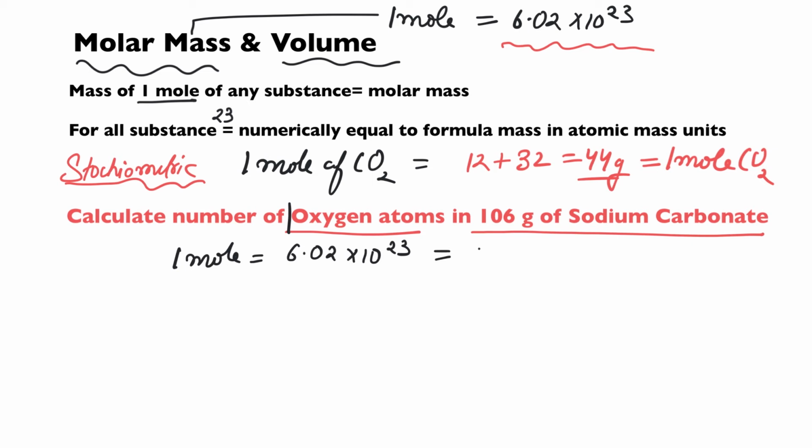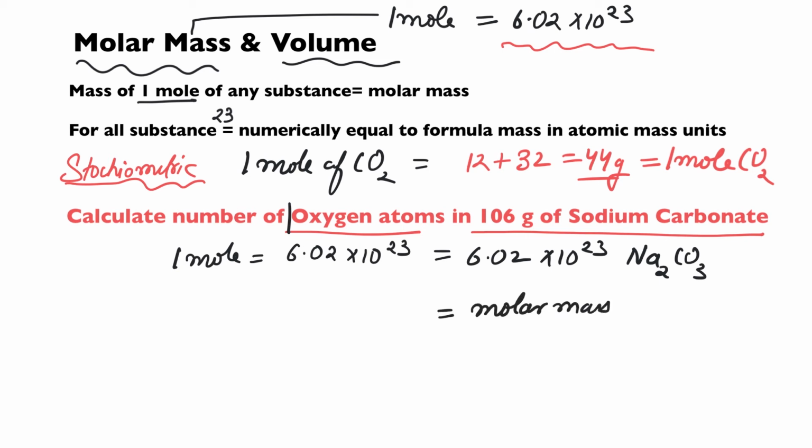So that means 6.02 times 10 to the power 23 sodium carbonate formula units. We can say formula units, not molecules here, because it's an ionic compound.